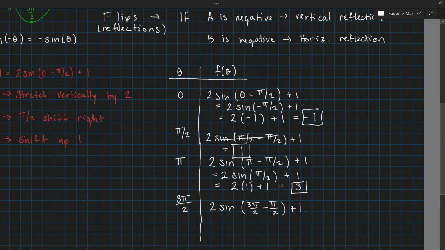The 2's will cancel, right? So it's just pi. Sine of pi is 0. Well, that's 0, but we still have the plus 1, so it'll be 1.